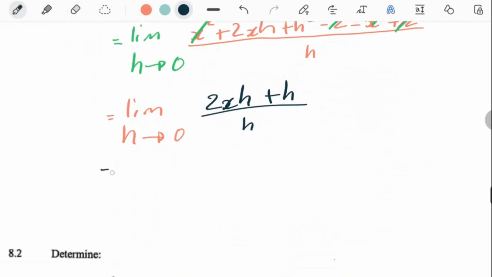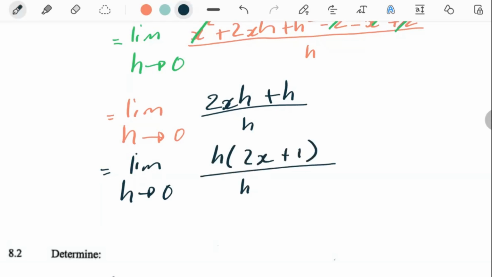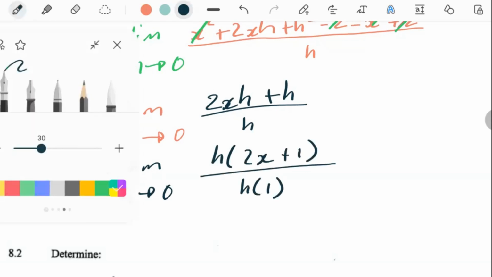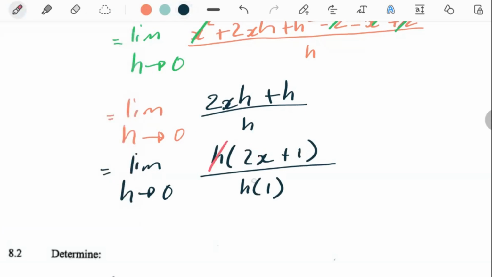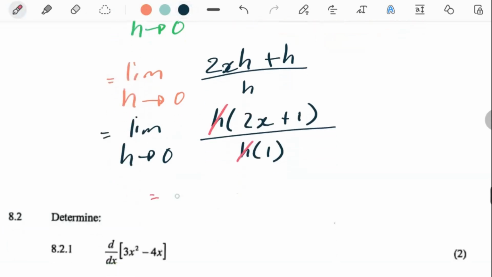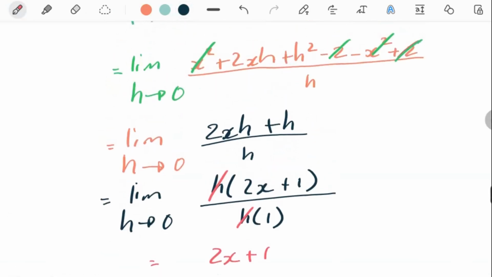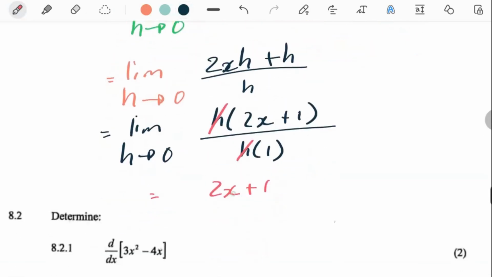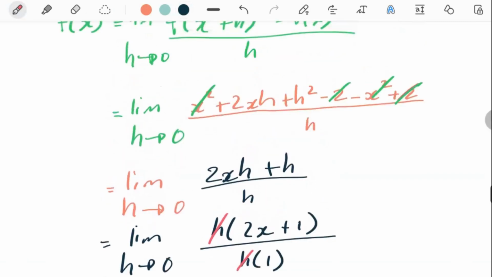So from here, we're going to take out h as a common factor. And then here, you're going to get 2x plus 1. But something is wrong.